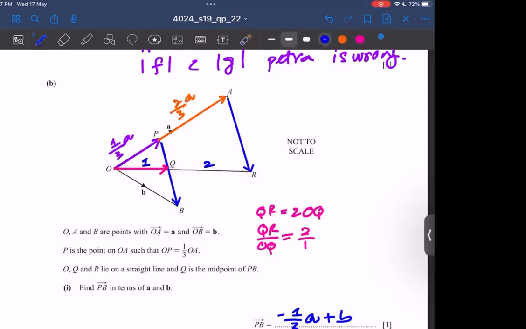We can see, since these 3 points are collinear, we can have the relationship of OR. How do you get the relationship of OR? OR ratio is going to be 3, and OQ, the value that we know, ratio is 1 here. So basically, OR is 3 times OQ.